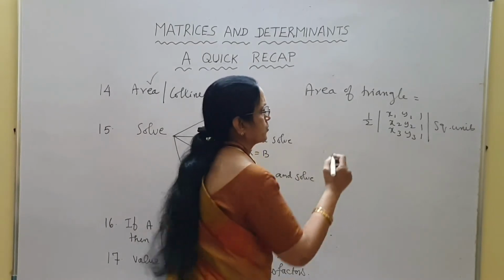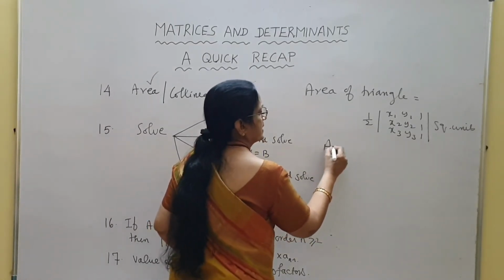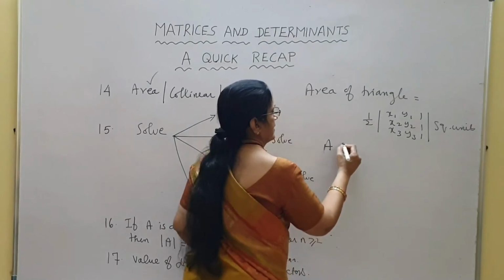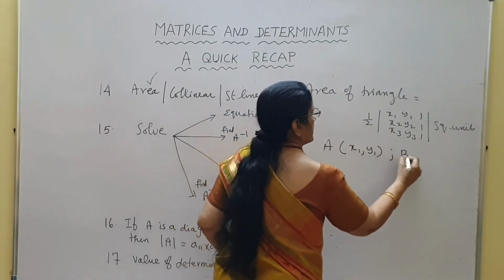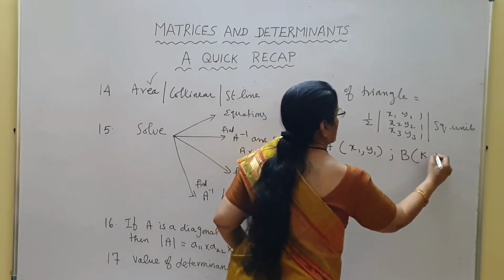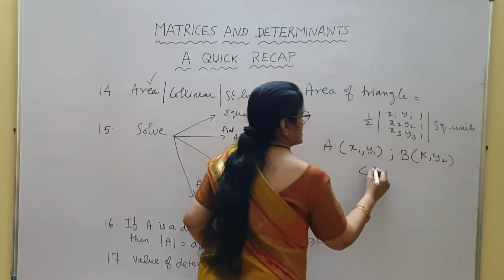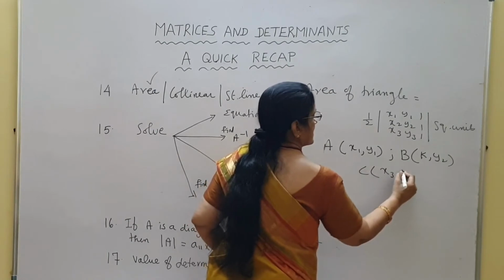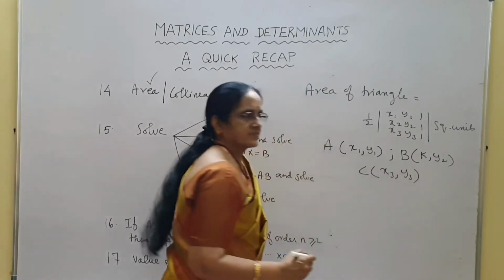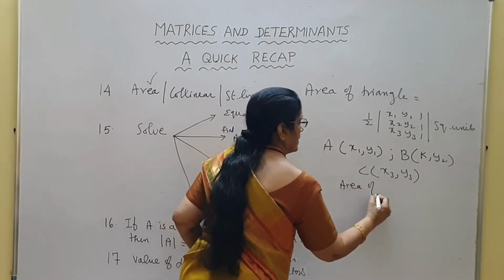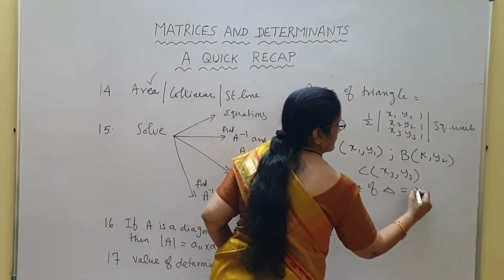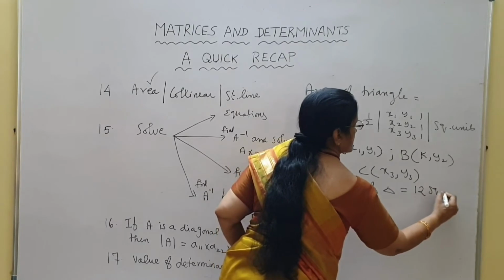Sometimes the question may be given like this. The vertices of the triangle are A, x1, comma y1, B, k, comma y2, C, x3, comma y3. And the area of the triangle is equal to 12 square units.